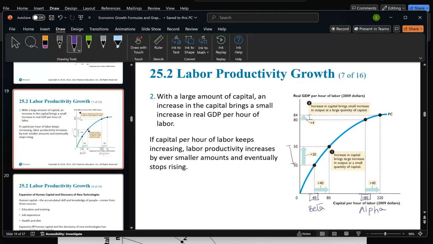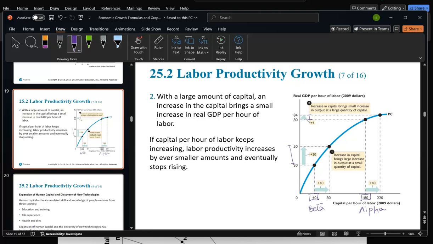So here we would see the economy of beta, the capital per hour of labor is low. Now some additional units of capital will make a substantial change in real GDP per hour compared to the country of alpha, which has a lot of capital per hour of labor.